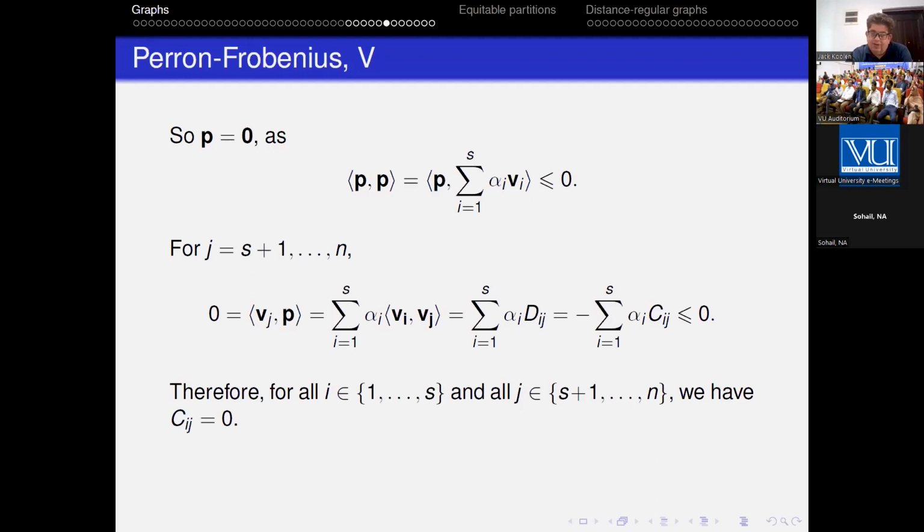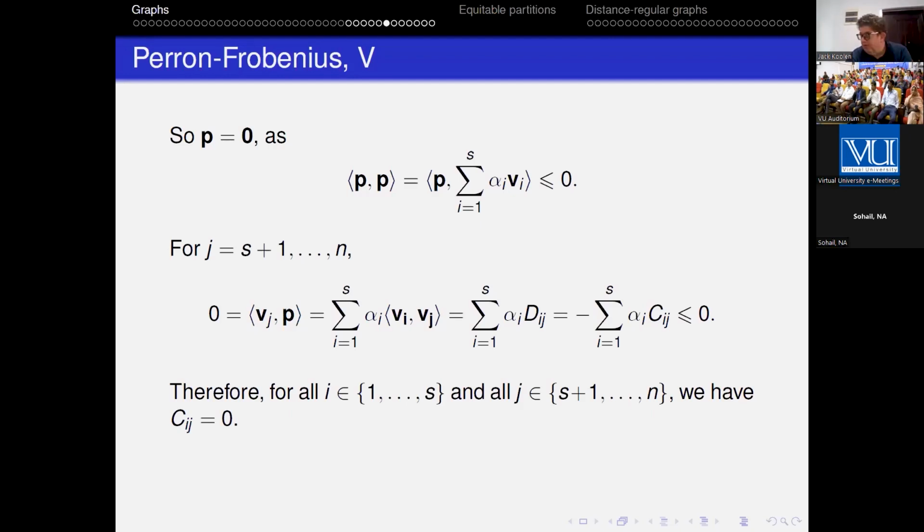So that means that, what is this strange thing? We take k in s plus 1 up to n. Then we see that the cij must be smaller or equal to 0. But the alpha i's are positive. So that means that the cij must be 0.